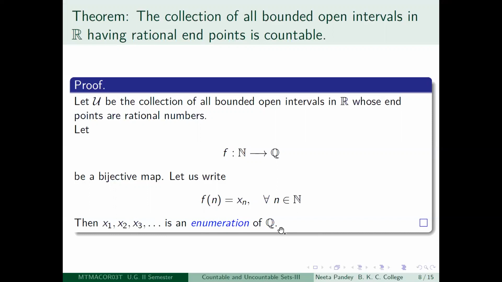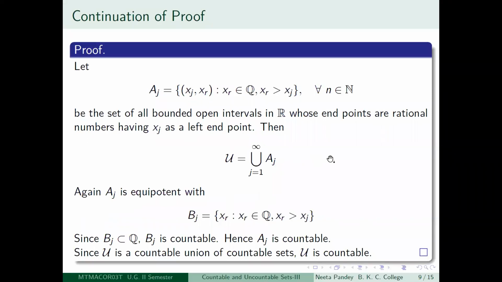Using this enumeration, you define, and there is a typo here, I've written aj and here I've written n, so this n should actually be j. For every positive integer j, you define Aj to be the set of all bounded open intervals whose endpoints are rational numbers, so that the left endpoint is fixed to be xj.